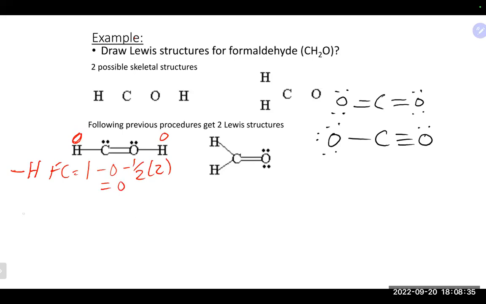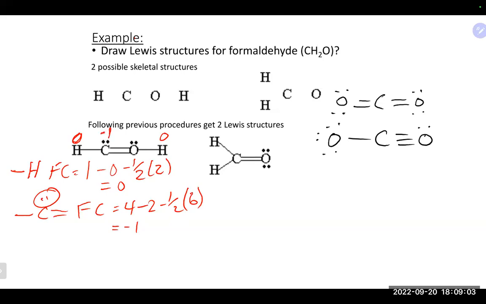We can go to the carbon in the middle that has the double bond. The formal charge here would be 4 minus 2 minus 1/2 of our bonds, which is 2, 4, and 6. That gives me 4 minus 2, which is 2, minus 1/2 of 6, which is 3. So it's going to be a -1 if I did that math right.